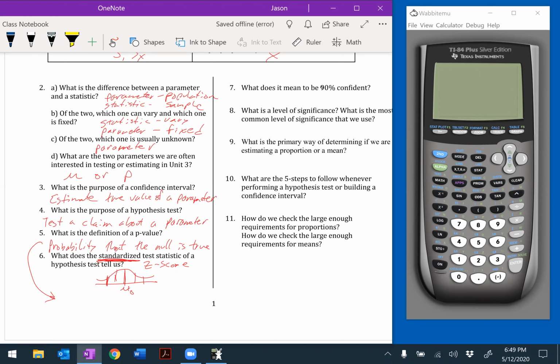How far away am I with my x bar? How many standard deviations am I from the mean? This is the claim, and this is the observed. So it's the number of standard deviations the observed is from the claimed parameter.